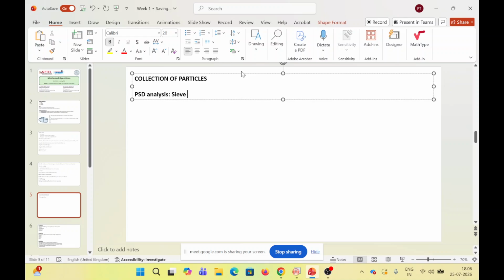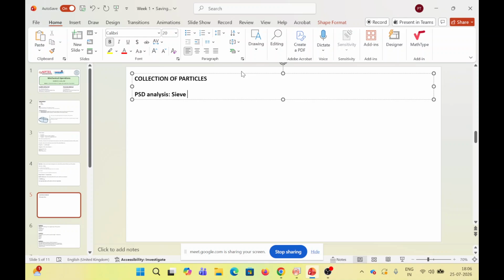So when you have a series of filters based on the openings of the sieves that you have, you can separate the particles into multiple different size fractions, and then you can collect each one of them and use them depending upon what kind of application you want.